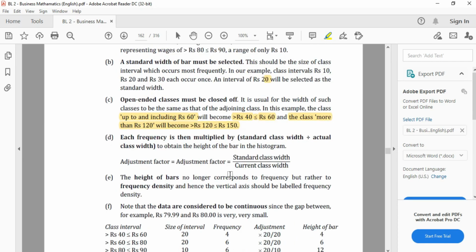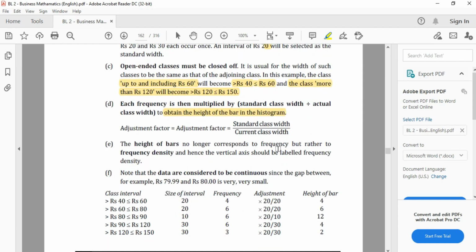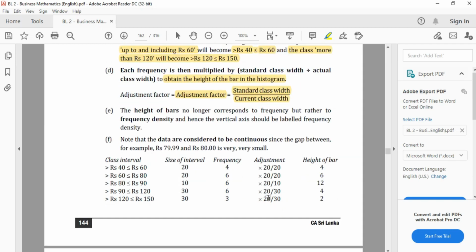Okay. Then each frequency is multiplied by standard class width divided by actual class width to obtain the height of the bar in the histogram, which is represented by the term adjustment factor. So the standard class width is 20 and the current class width is multiple, as you see here.